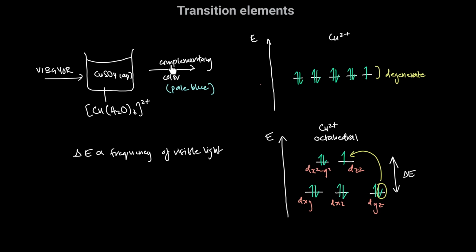That complementary color is, in this particular case, pale blue. So it's like white light minus the color that was absorbed. It's a mixture of all the remaining colors, and that's going to be the complementary color.